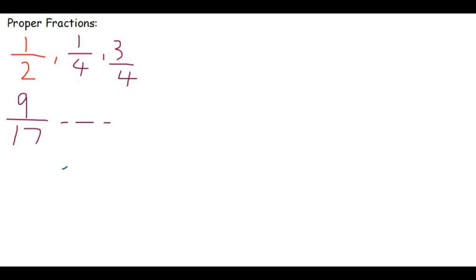Now another thing I want you to take note of is that anytime you convert a proper fraction to decimal, the result is always going to be less than 1, but it's not going to be a negative number except there's a negative sign in the fraction. For instance, if you convert 1 over 2 to its decimal form, you have 0.5.